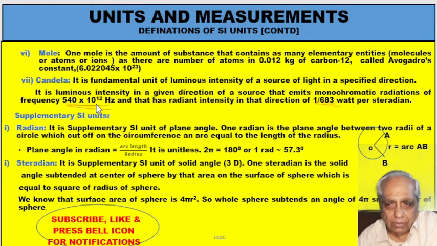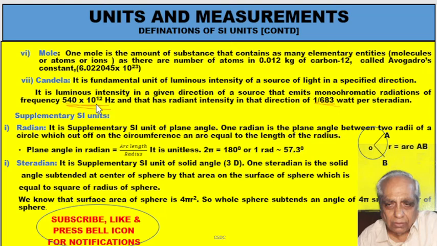If the light is of this frequency and the light is getting emitted in 1 steradian, then in 1 steradian I am getting a power of 1 upon 683 watt. If I get this amount of power of light, then the intensity of light is 1 candela. This also we learn when we do optics.